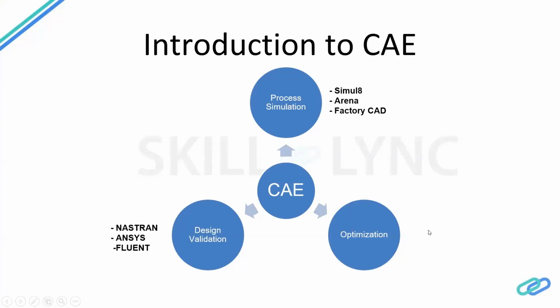Typical optimization software are OptiStruct or Genesis, and maybe you can say the OptiShape module of MSC Nastran, etc. If you want more clarity on the difference between design validation and optimization, I would love to take it up in the question and answer session.